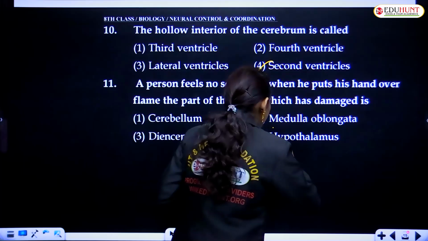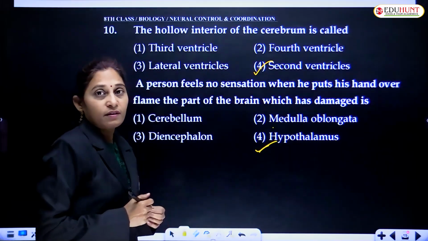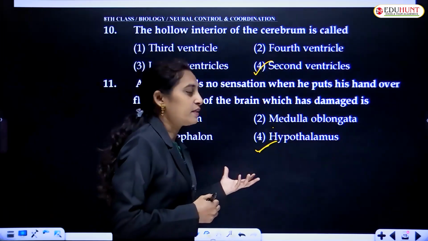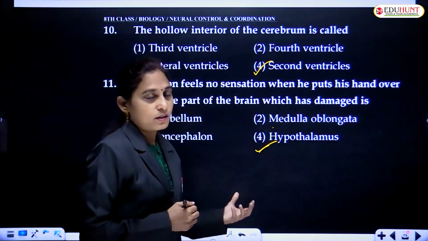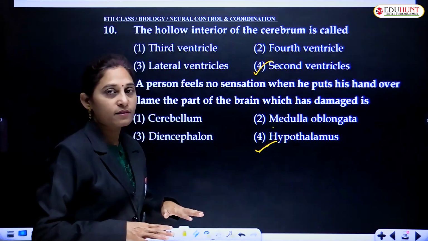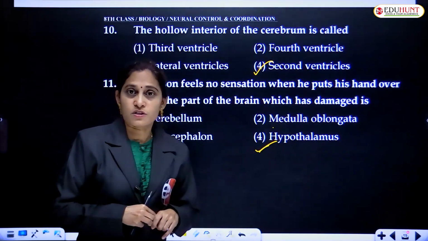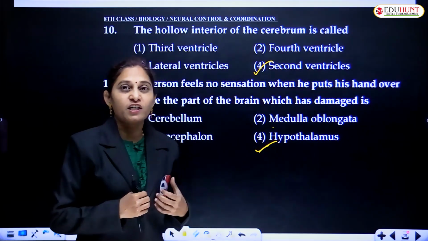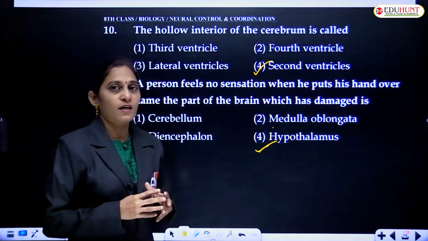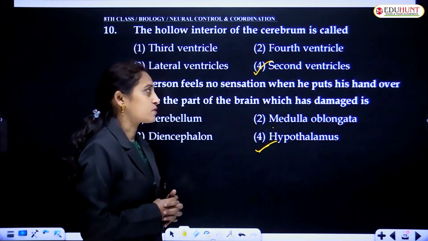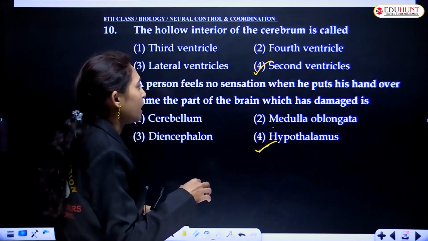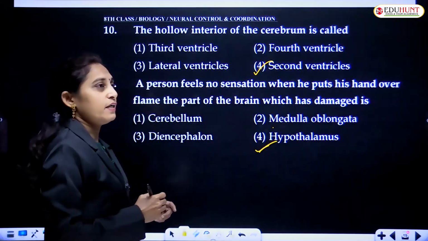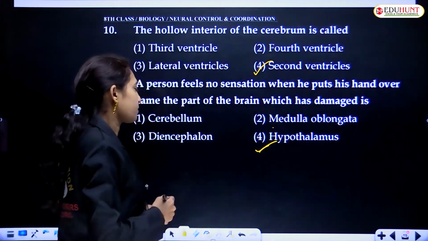Hypothalamus is in the forebrain and acts as a clock, coordinating systems like respiration, thirst and hunger. If damaged, the person loses sensation.